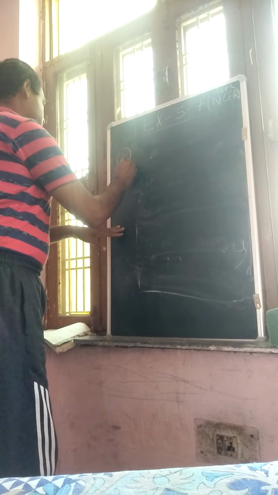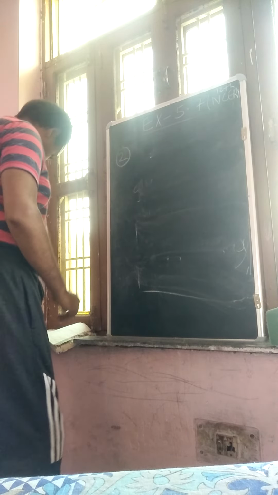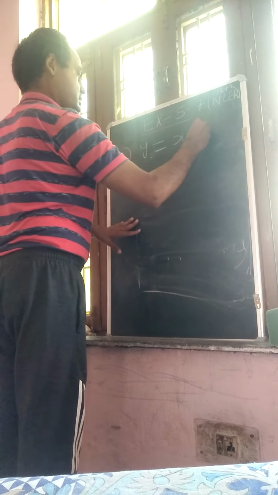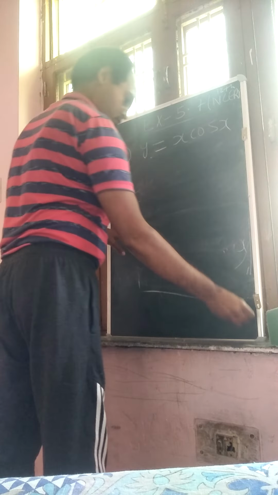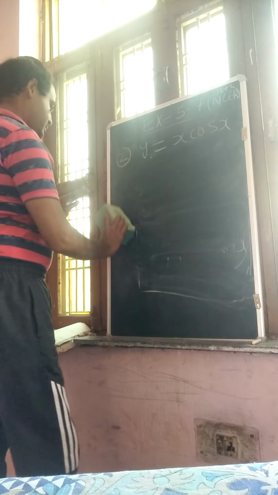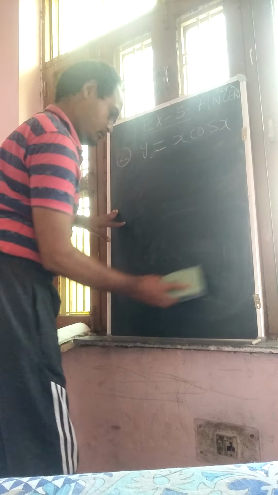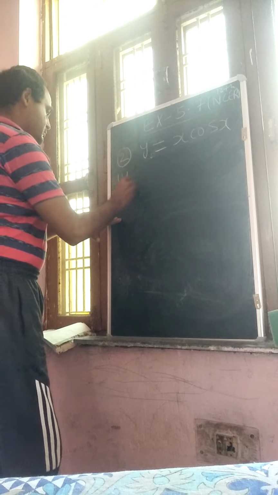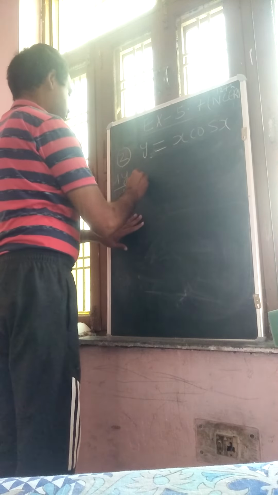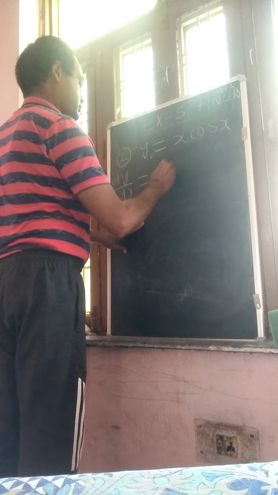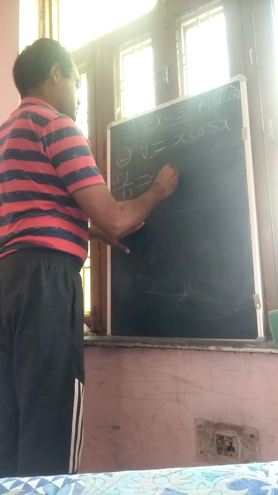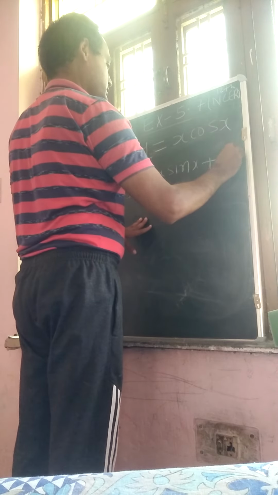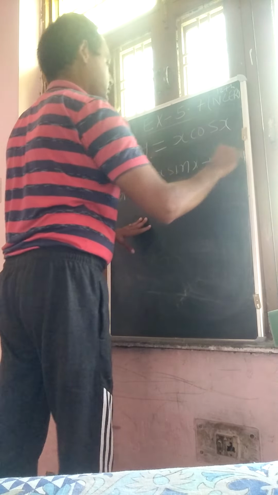Third question. y equals x cos x. So dy by dx, the first derivative of x cos x, is x into minus sin x plus cos x into 1.